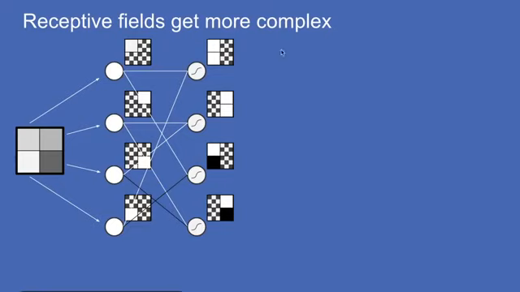So for instance, this neuron here is attached to this input pixel, which is upper left, and this input pixel, which is lower left, and both of those weights are positive. So it combines the 2 of those, and that's its receptive field, the receptive field of this one plus the receptive field of this one.